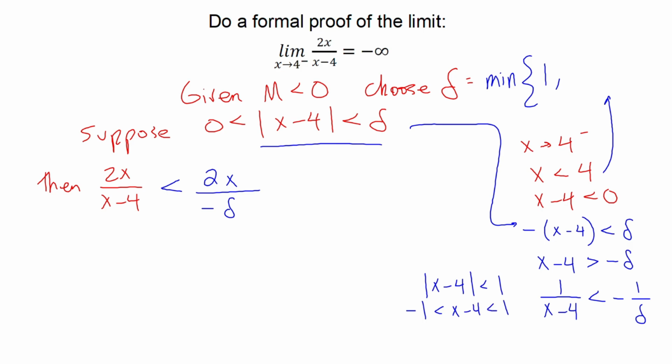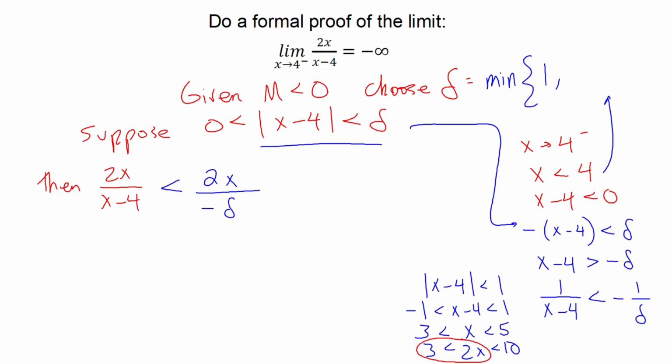And to turn that into just an x, that would give me x is less than 5, but greater than 3, which tells me that 2x is less than 10, but greater than 6, which tells me that the only piece of that I really care about is that 2x is greater than 6.